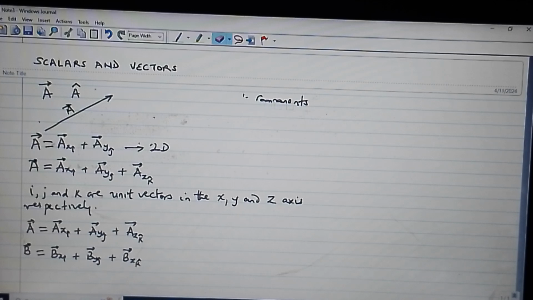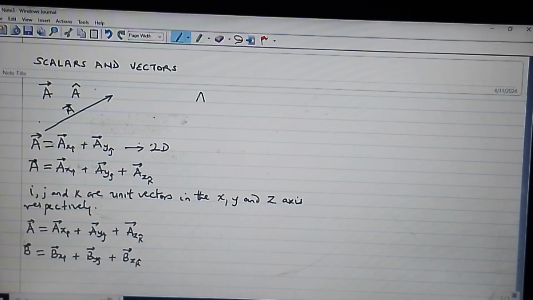In adding the two vectors, we must take note of their directions. Remember, this A_x is in the x direction, that's the x axis. A_y is occupying the y axis. A_z is occupying the z axis. The same goes for the vector B. So when you are adding two vectors that are resolved into their components in this form, you have to add alongside their directions. So for example, I want to add A plus B.